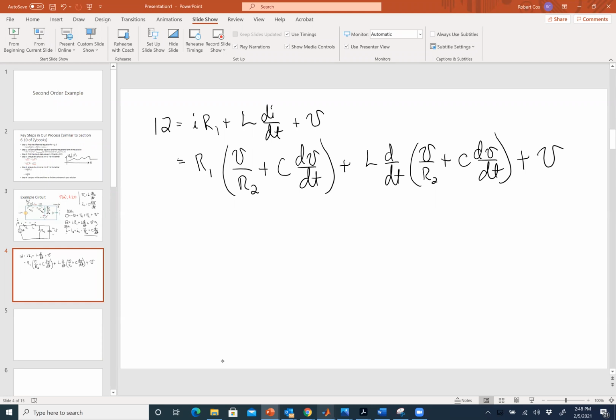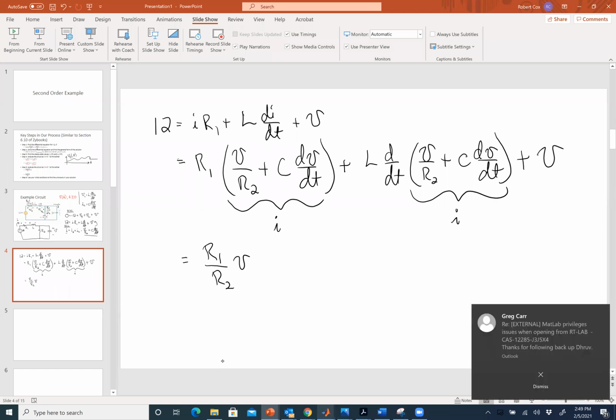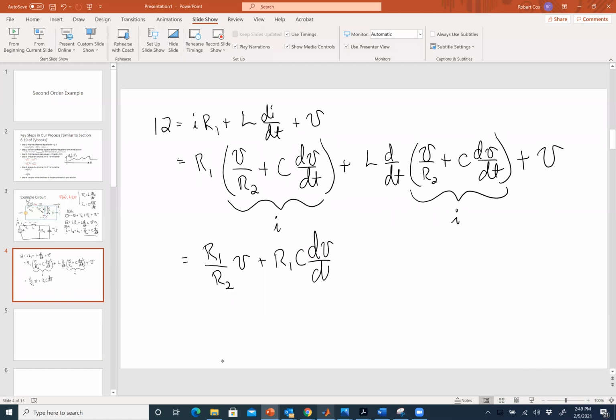So this guy right here is I, and this guy right here is I. Then what I have to do is simplify that now. So I have R1 over R2 times V, plus R1C times dV dt, plus, okay, what do I do with this middle term?